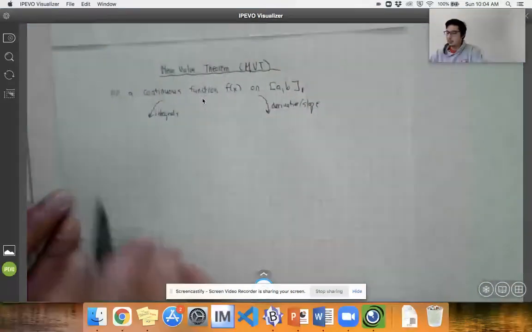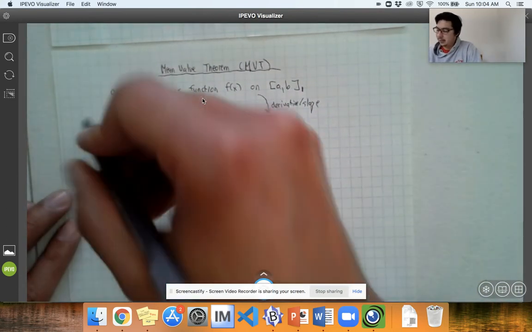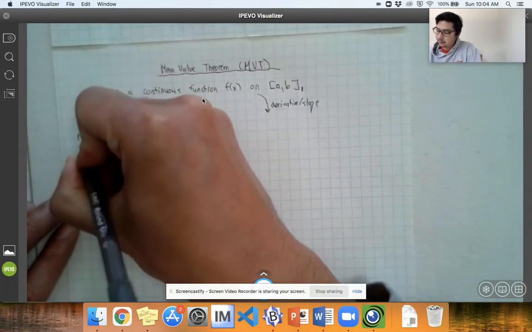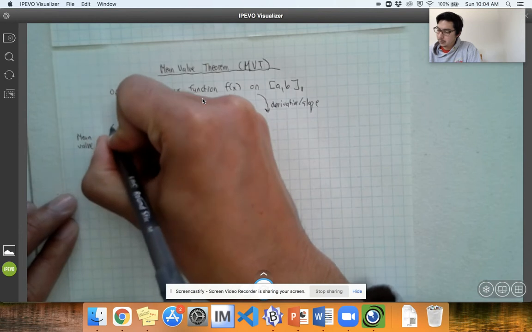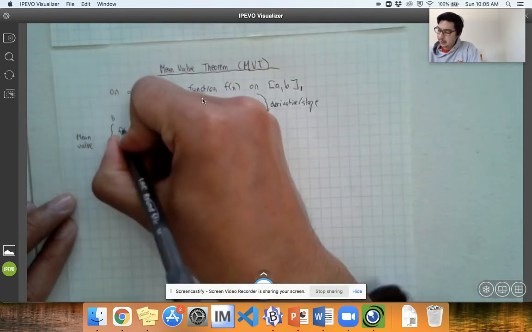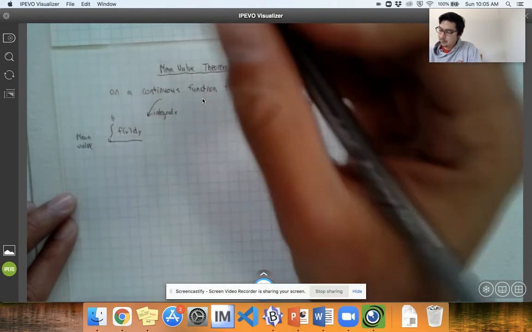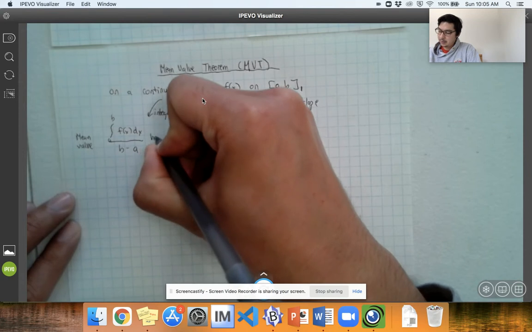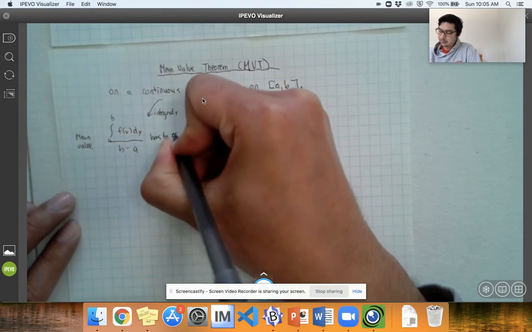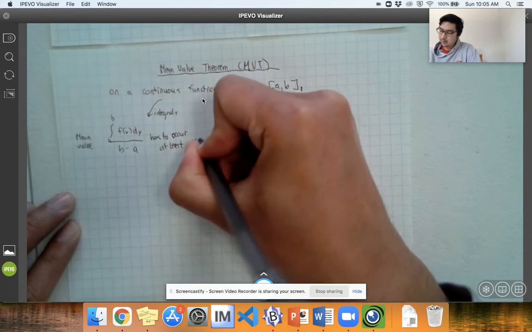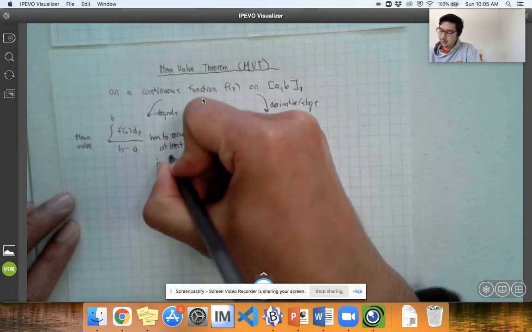The mean value theorem with integrals says that your average value, your mean value, which would be the integral from a to b of f of x dx over b minus a, has to occur at least once in that interval a to b.